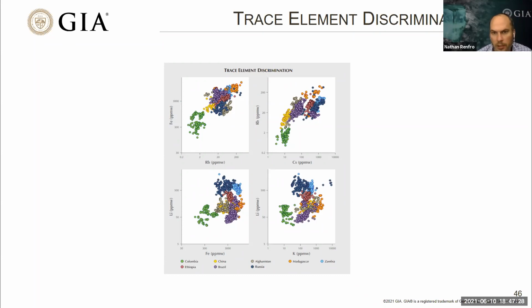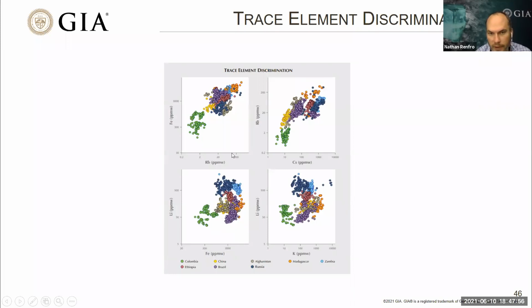And then when we get an unknown stone, we can compare that trace element chemistry to our database of known samples. When we can match the chemistry profiles, that can tell us if we have a stone from a specific origin. All these dots that you see on these trace element chemistry maps represent populations from different origins.